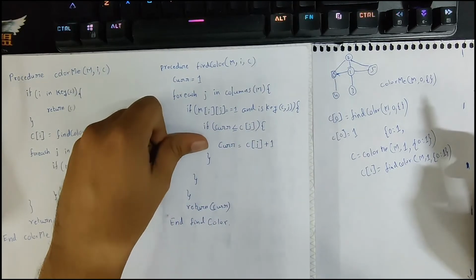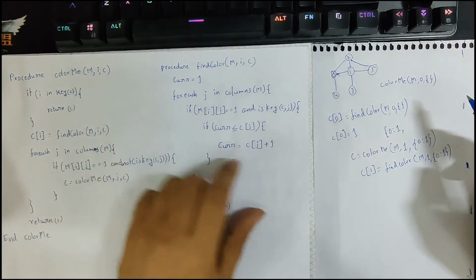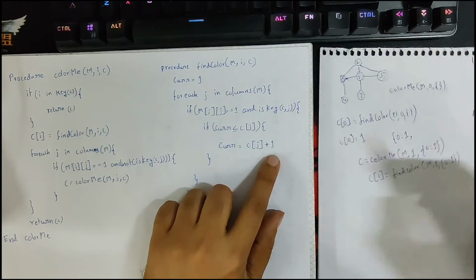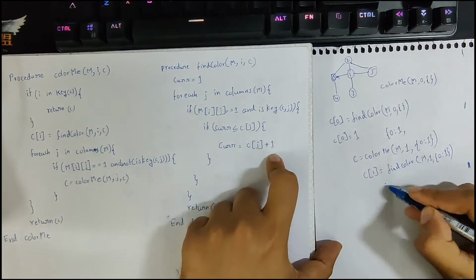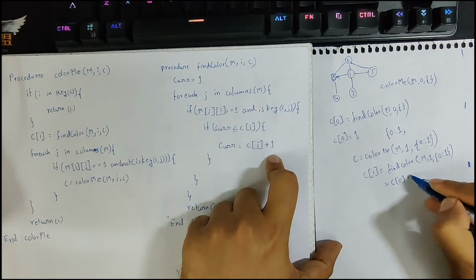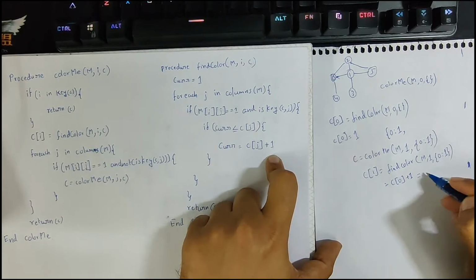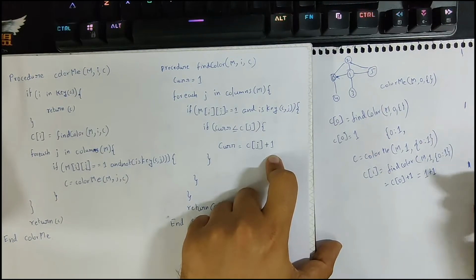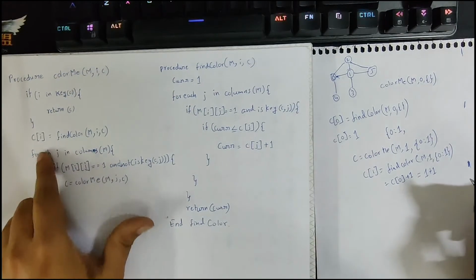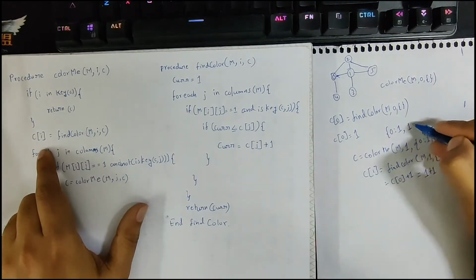So we'll go to this block. Here current will be c of 0 plus 1, that is equal to 1 plus 1. So we'll get the value of c of 1 as 2.